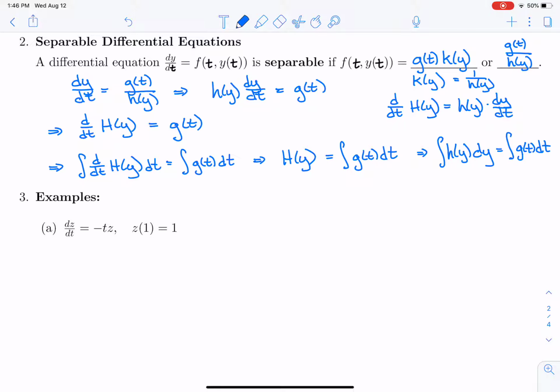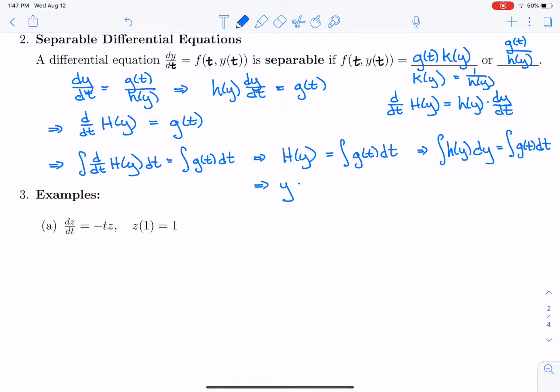What's important to understand, though, is that once I am able to integrate the left-hand side to get capital H, that last step to solve for y requires me to have an inverse for H. I will have to be able to solve for y, because y is going to be the inverse of H times the antiderivative of g of t dt.